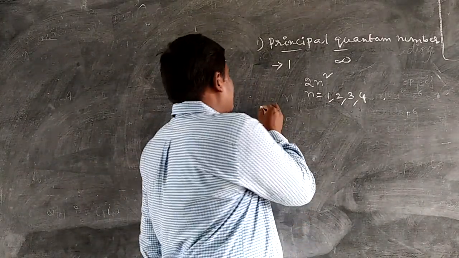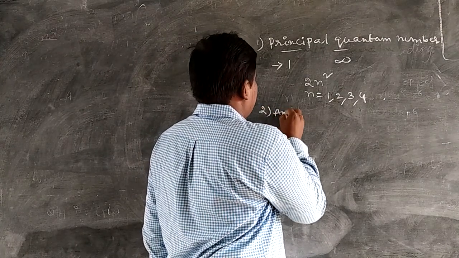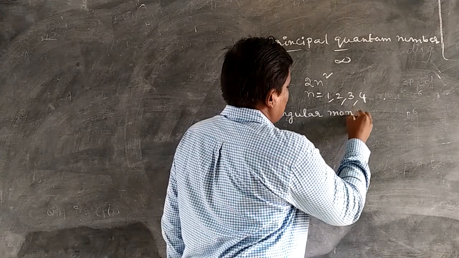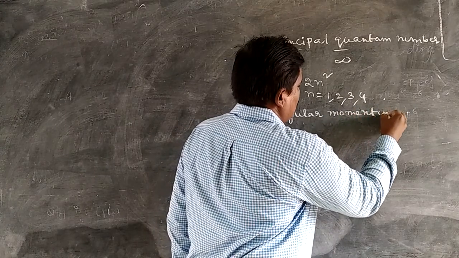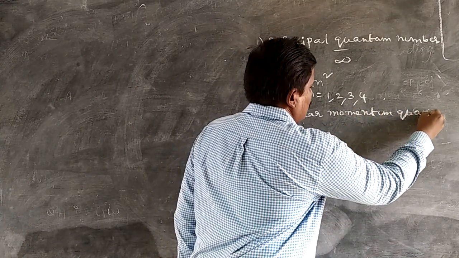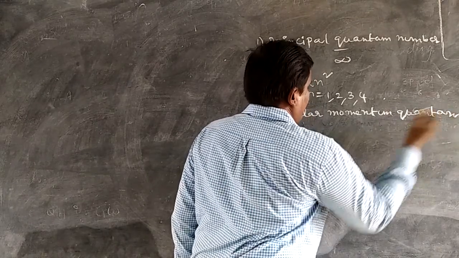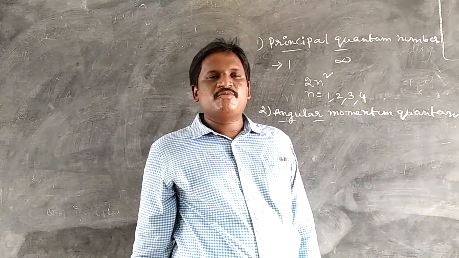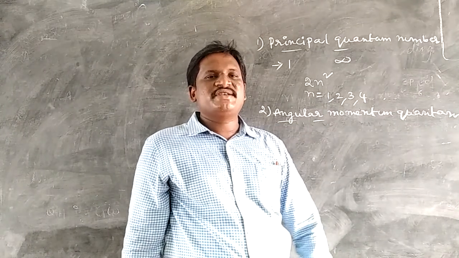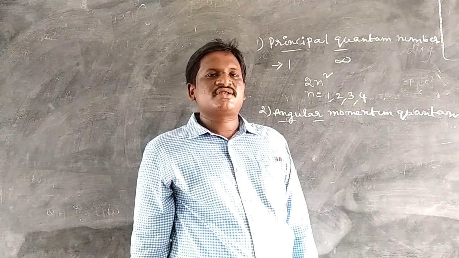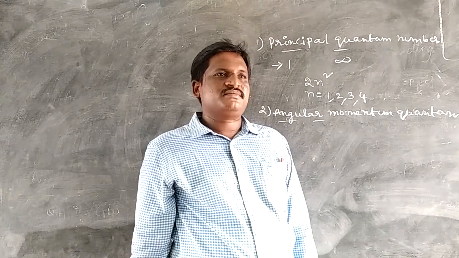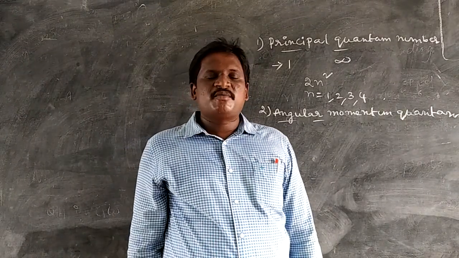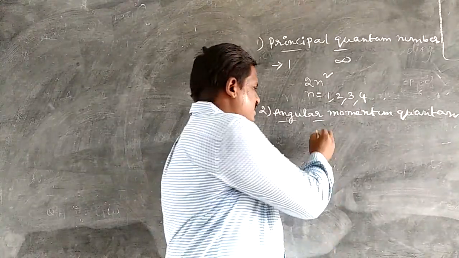The angular momentum quantum number was proposed by Sommerfeld. It is also called the orbital quantum number. It is denoted by the letter l.